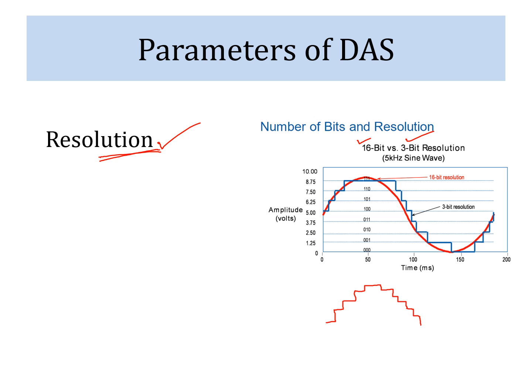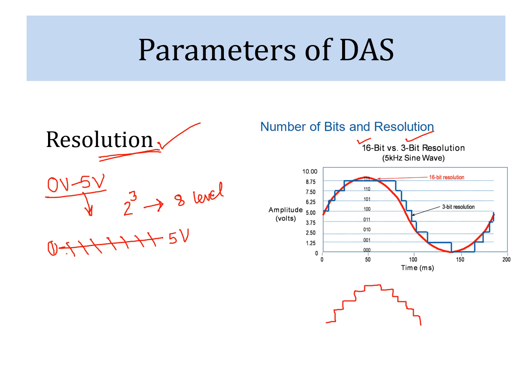Suppose we are converting a 0 to 5 volt signal into its corresponding digital levels. If we have 3 bit, that means 2 raised to power 3, so we have only 8 levels. So we have to divide the 0 to 5 volt signal into 8 equal parts, something like 1, 2, 3, 4, 5, 6, 7.